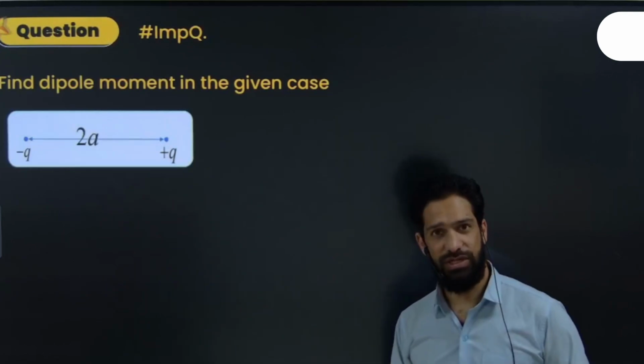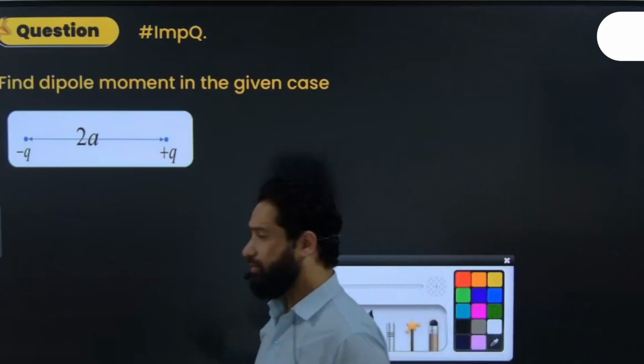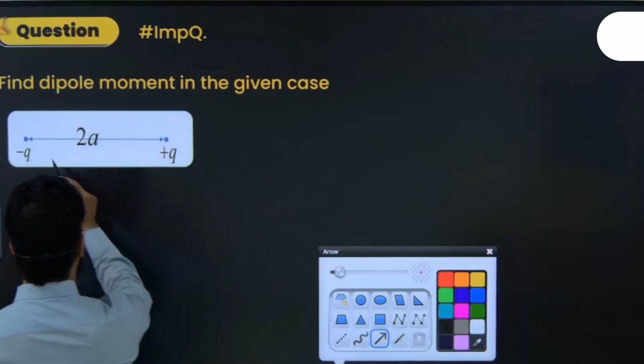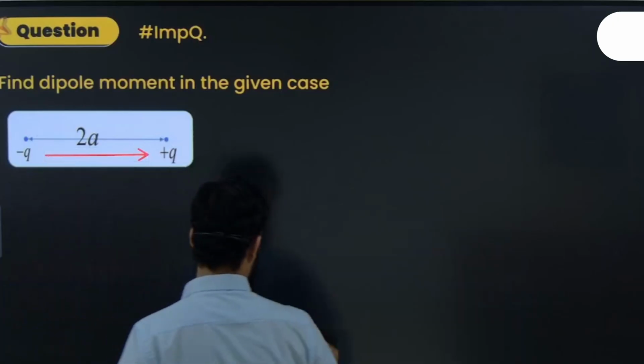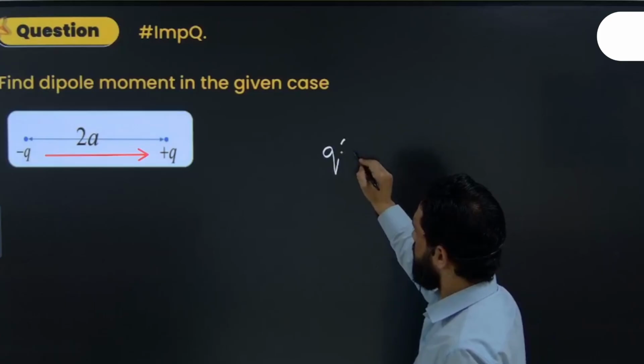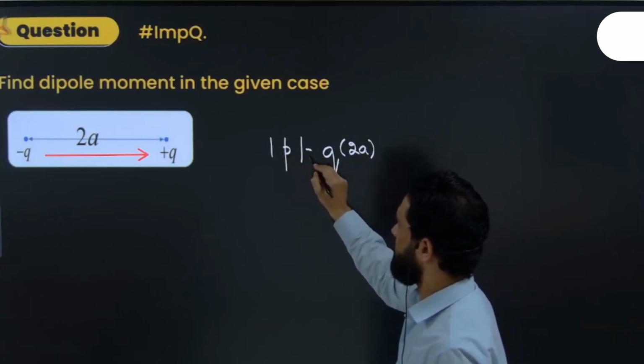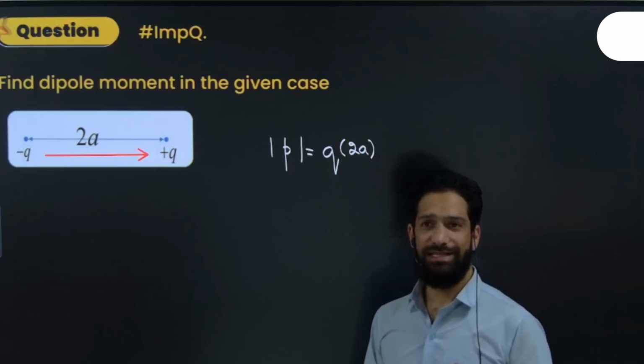Now if the same question is asked in this way, that we have this dipole, but the length is not denoted by L, it is now denoted by 2A. Again you will say the dipole moment is given by Q into 2A. So this is the magnitude of dipole moment. But why is it 2A?